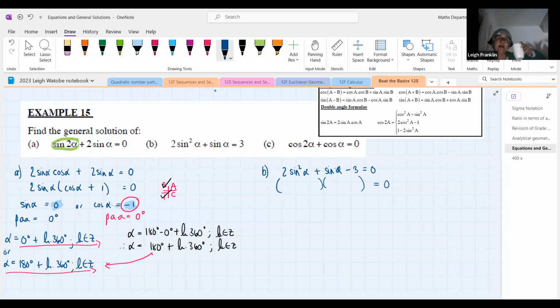Tell me what you get: sine alpha is this or sine alpha is that. Let me know when you're done.